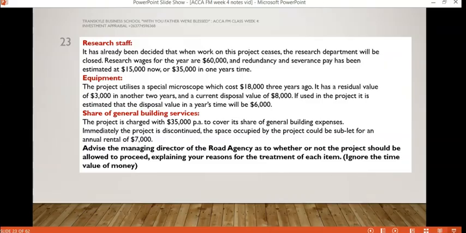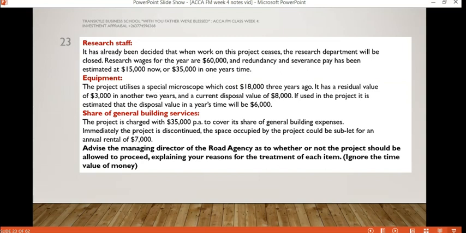Yes, there is that item on share of general building services. On the share of services, let's read. The project is charged with 35,000 per annum to cover its share of general buildings. This is related to the overhead apportionment.